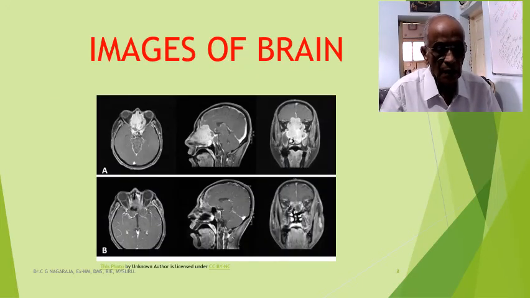Here are some images of the brain taken from CT scanning and MRI scanning, both perhaps. What you see, the white area, is abnormal, and that may be the region where tumors or cancer cells are growing.